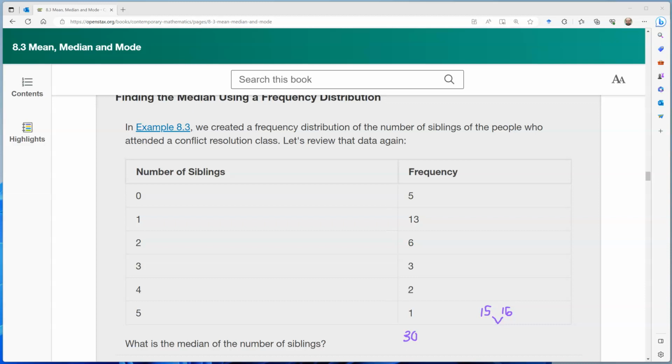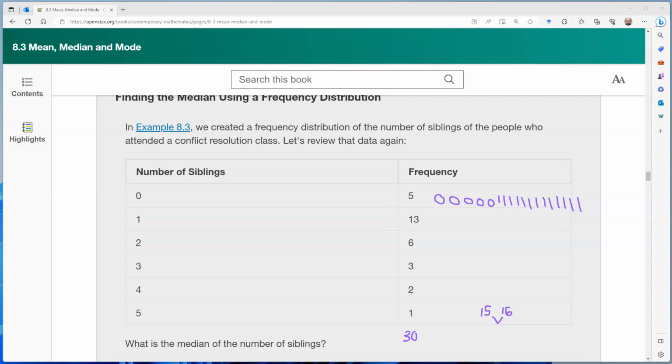What number is there? If we write out these first few, I'm going to do this longhand just to show you. We've got 0 5 times, and then we've got 1 13 times, so that should be 18. 1, 2, 3, 4, 5, 6, 7, 8, 9, 10, 11, 12, 13, 14, 15, 16, 17, 18.